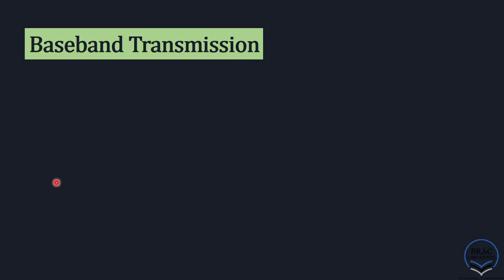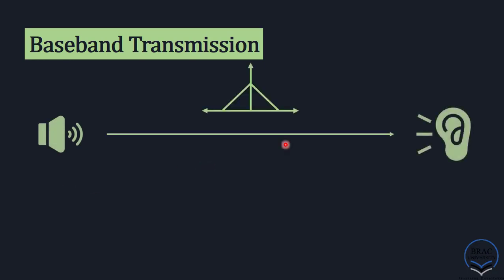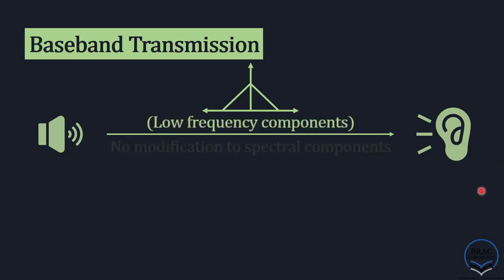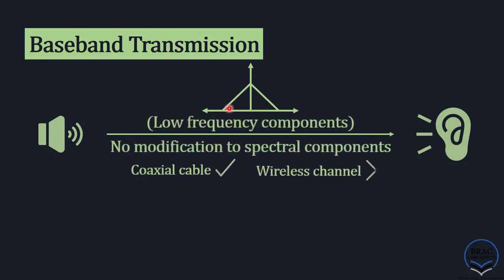In the case of baseband transmission, here you can see a signal in its raw form is transmitted from the source to the listener. This signal is a baseband signal and has low frequency components. For example, in the case of human speech, the highest frequency may be 4 kHz.